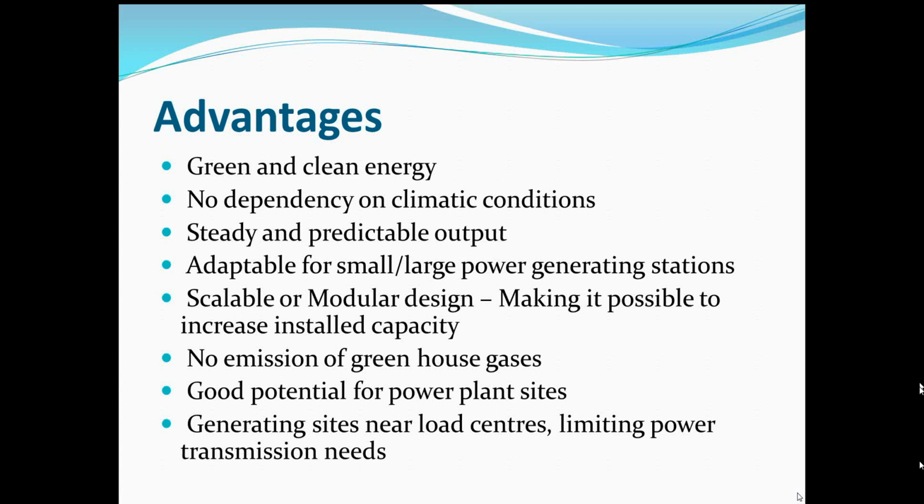The major thing over here is, wherever we have the load center, there we can place this osmotic power plant. It can be placed at an industry, it can be placed in the basement of an apartment, anywhere, because it doesn't need huge elements to generate electricity. So if these kinds of power plants are set near the load areas, then the transmission needs would reduce.